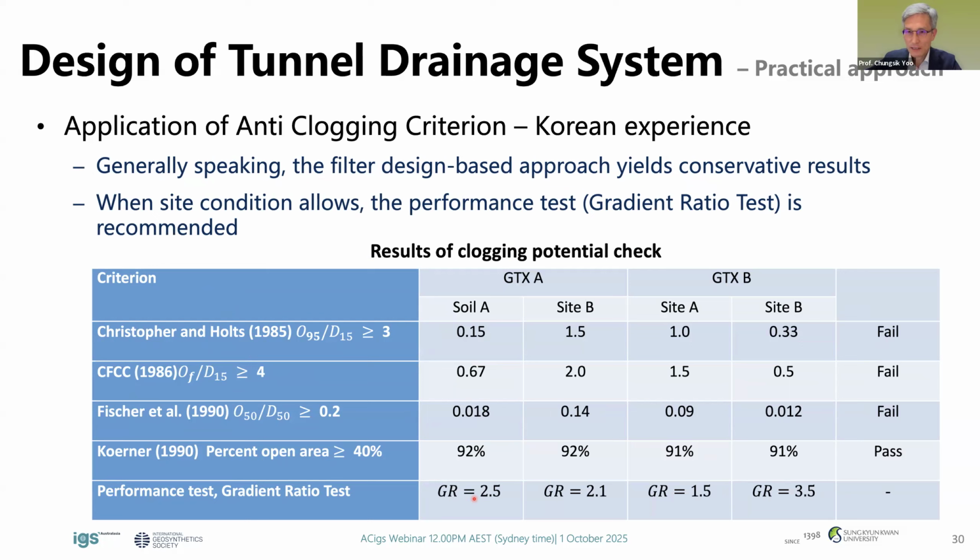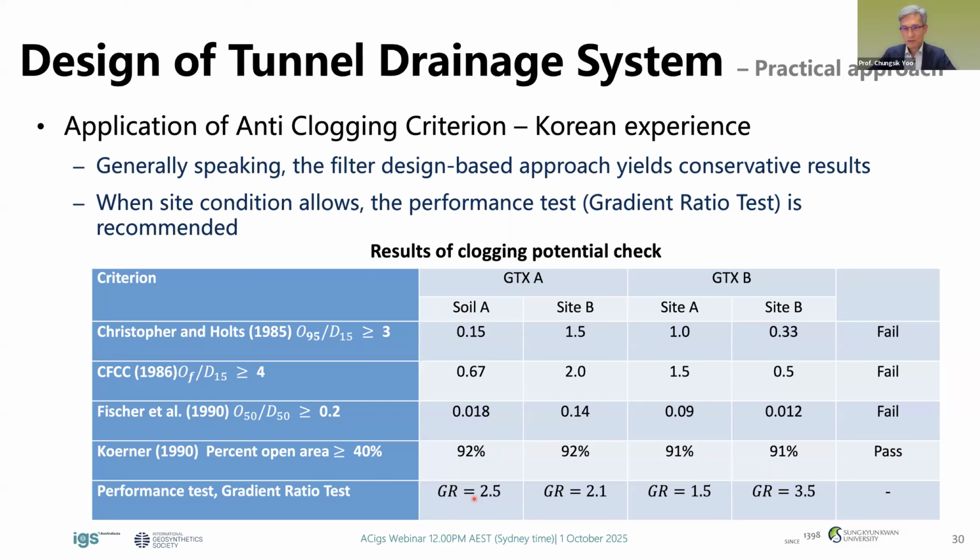However, when applying the gradient ratio test, both geotextile A and B showed GR values less than 3, which is below the critical threshold of 3. That means they are acceptable. They will not clog under the given condition.